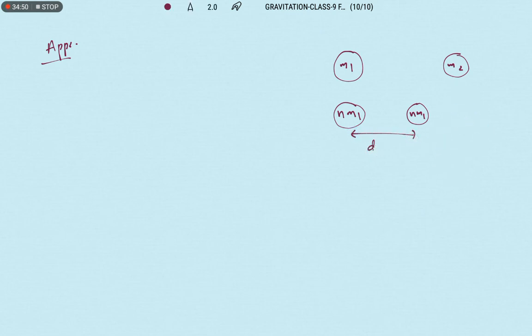So d dash I am making as d by n, and d1 is equal to d. Now let us write the first force. Force when the masses are m1 m2 and distance is d, so G m1 m2 by d square we can write.